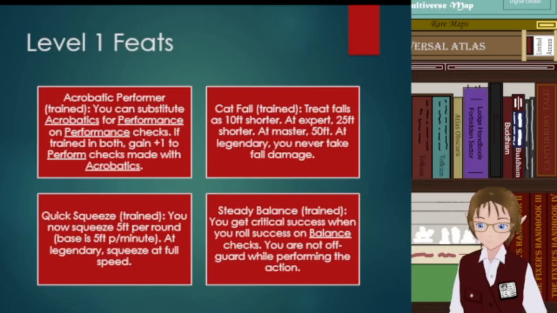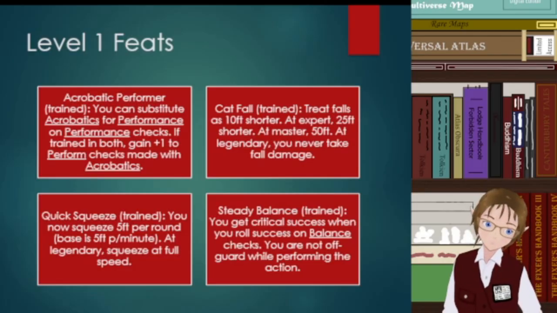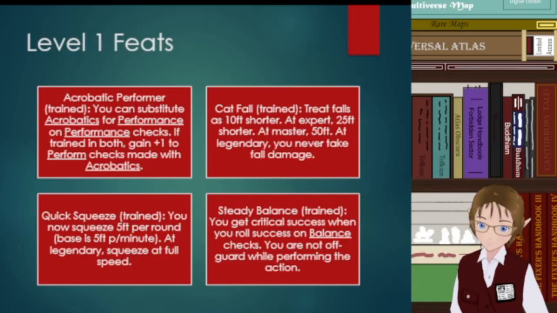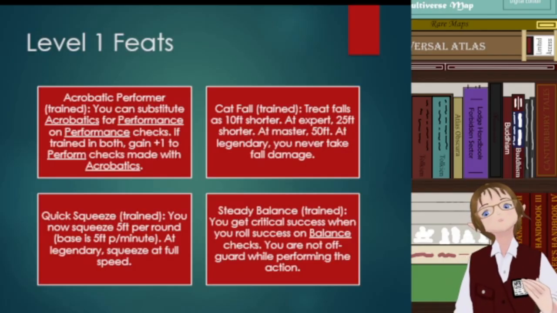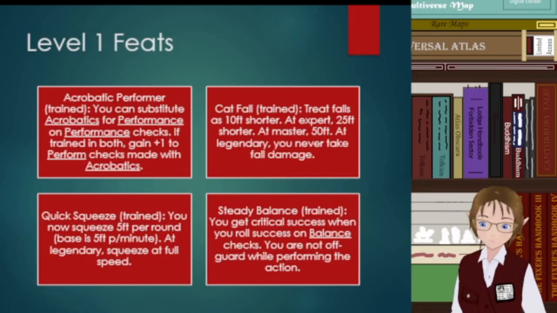Quick Squeeze is a feat which upgrades the squeeze action. Basically, it lets you squeeze 5 feet per round instead of 5 feet per minute. So that means that instead of moving 5 feet in 1 minute, you move 10 times 5 is 50 feet in 1 minute.